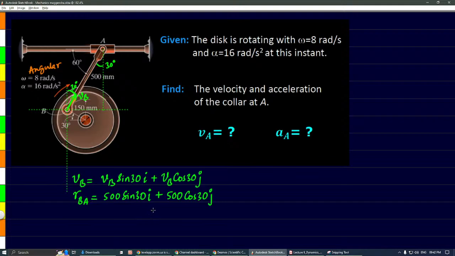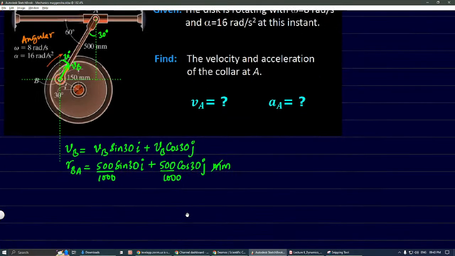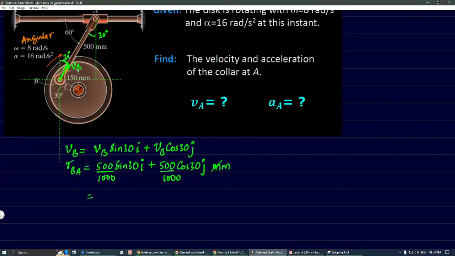You can actually convert this to meters here itself. To convert into meters, we have to divide by 1000. We can do it here, so it becomes 0.5 into sine 30.